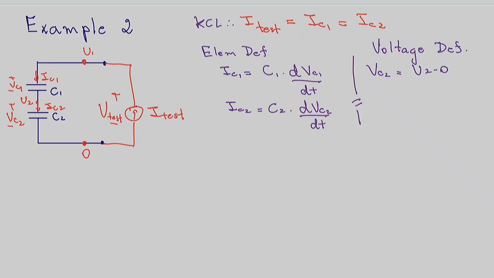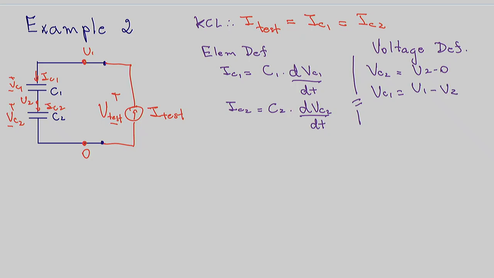Very good. What's VC1? You take a good look at capacitor 1. Capacitor 1 is in between U2 and U1. So voltage in capacitor 1 is U1 minus U2. Thank you.